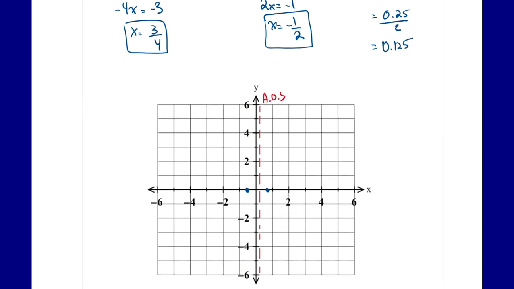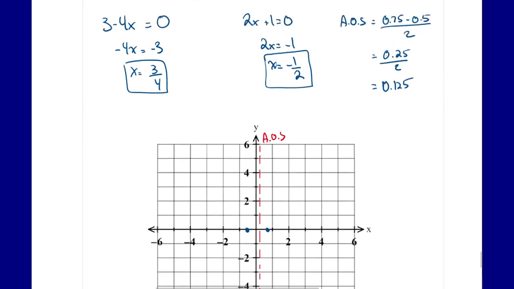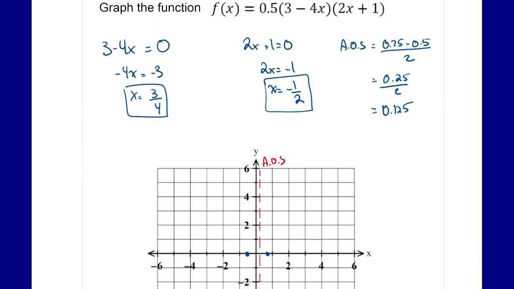I can find the y value, or the maximum or minimum, by plugging the axis of symmetry into this equation. So f of x is equal to 0.5 times 3 minus 4x times 2x plus 1. I now know an x value of 0.125.